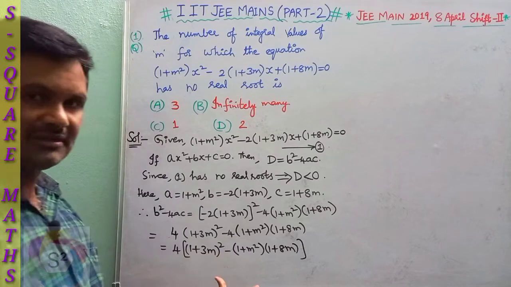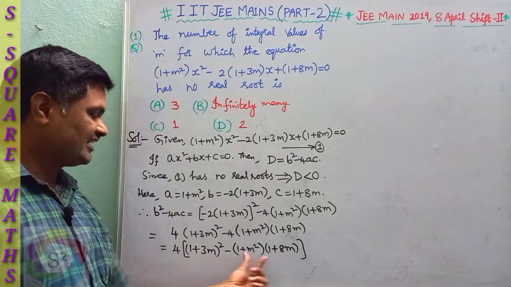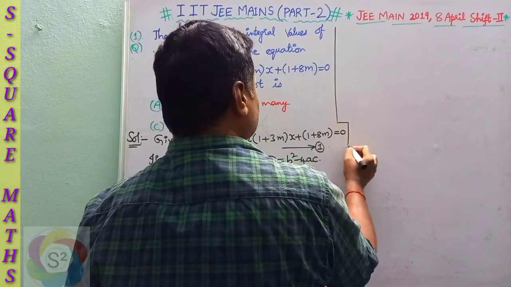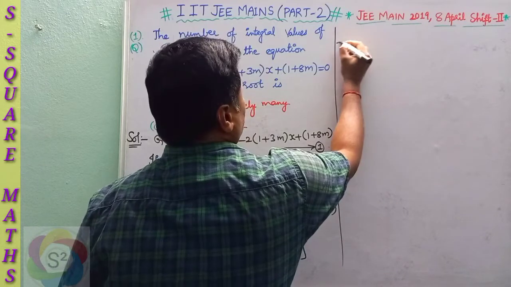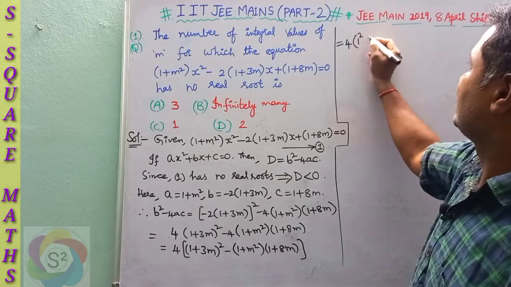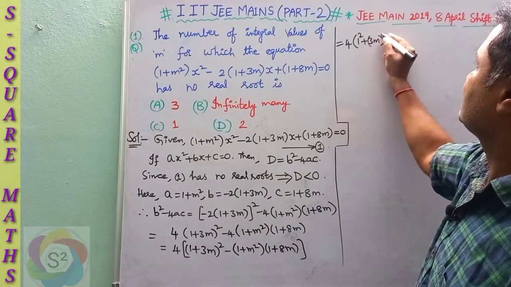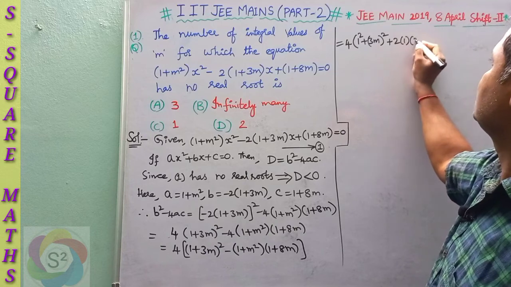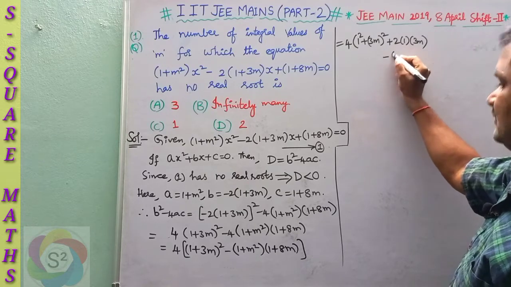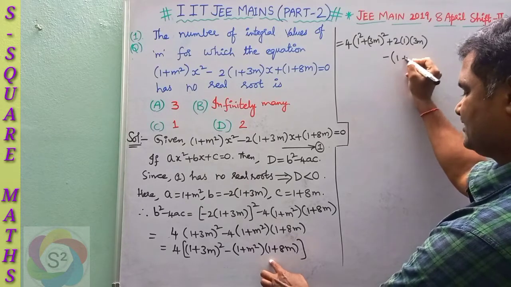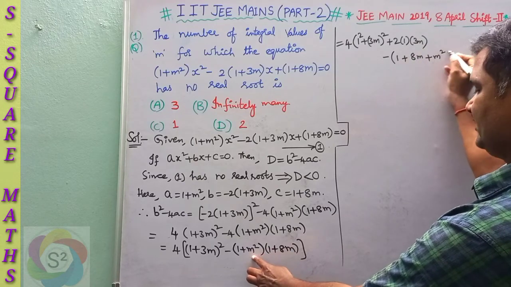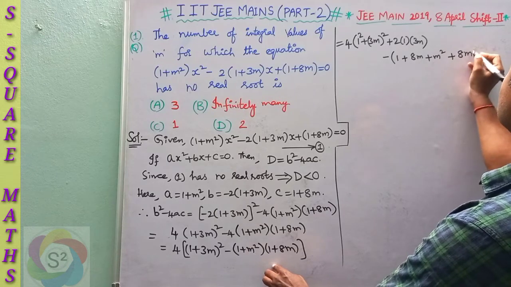After taking 4 as common, expand in the form of (a plus b) whole square, and the next term by term. So 4 of: 1 square plus (3m) the whole square plus 2 into 1 into 3m, minus, 1 into 1, 1 into 8m, m square into 1 is m square, plus 8m cube.